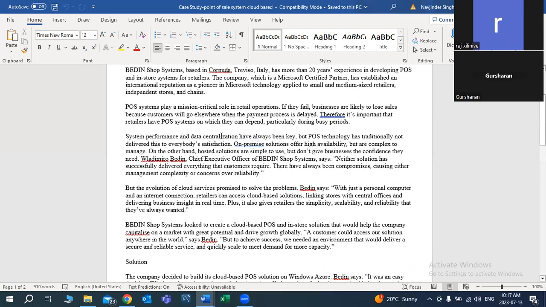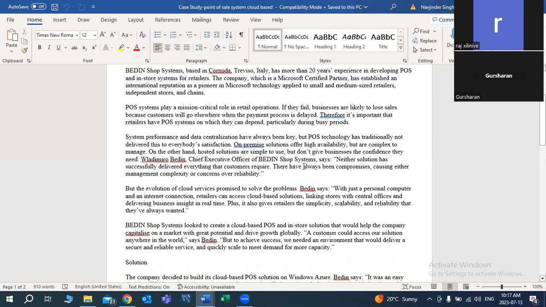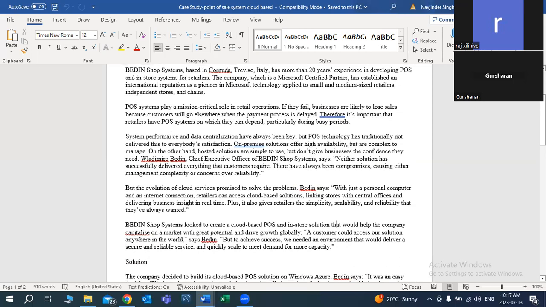Can you read the third paragraph? The system performance. Read it completely.